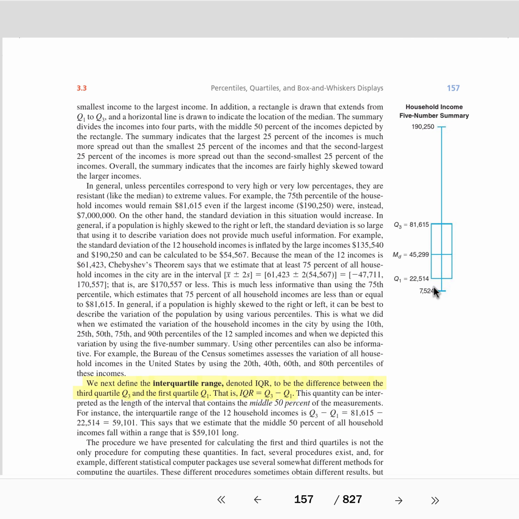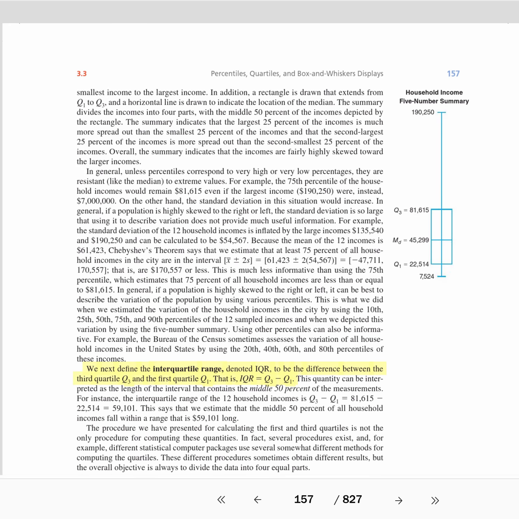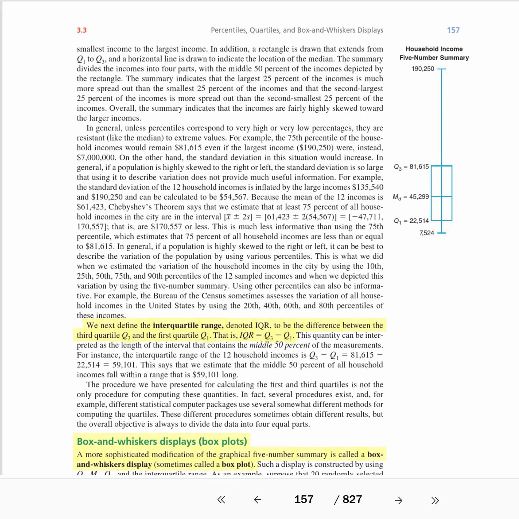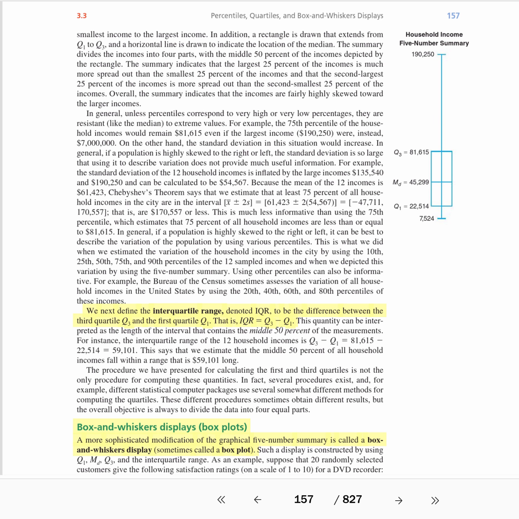Okay, so this is a better way to summarize your data. At least you know the concentration of 50% of the population. Their income is between 22,514 and 81,615. That is a better way than anything else to represent the data.